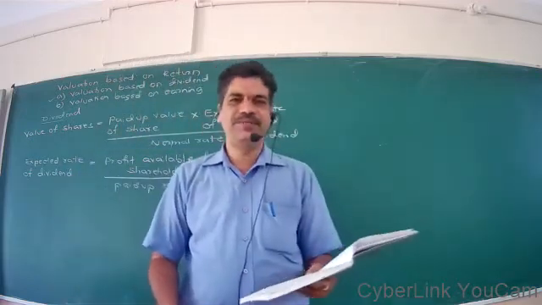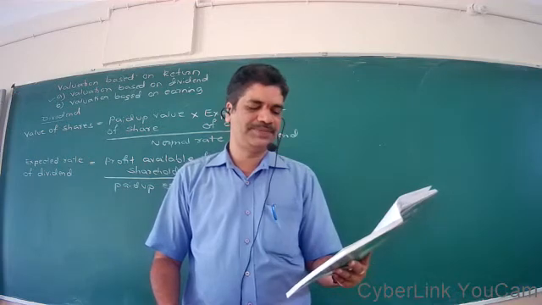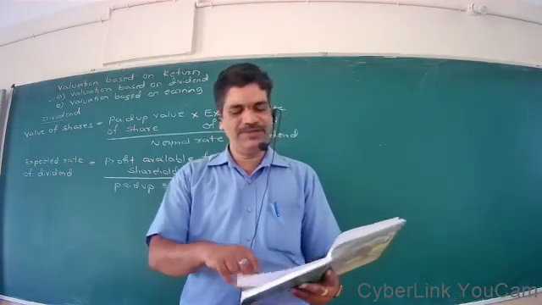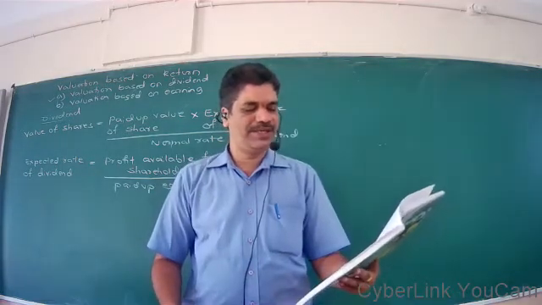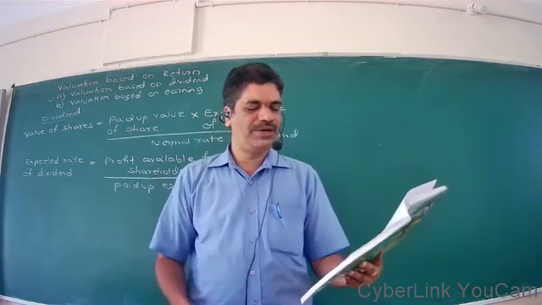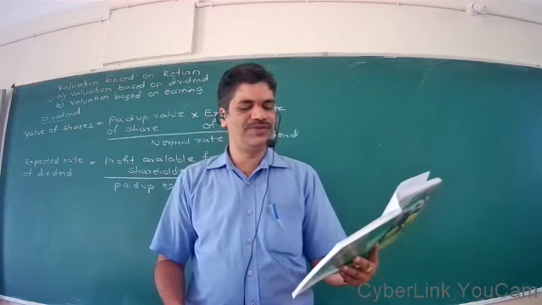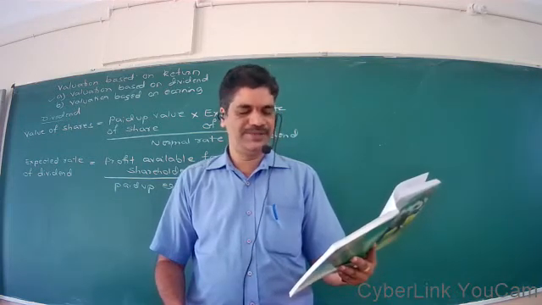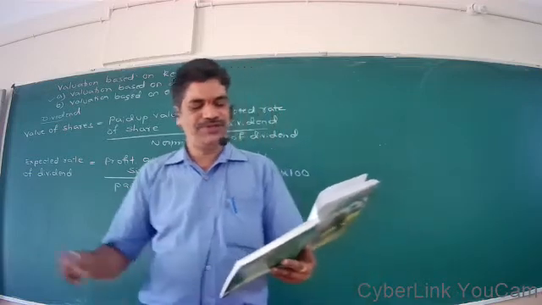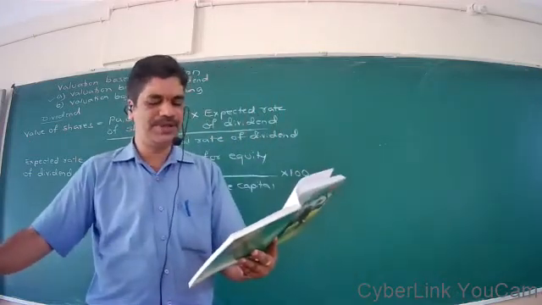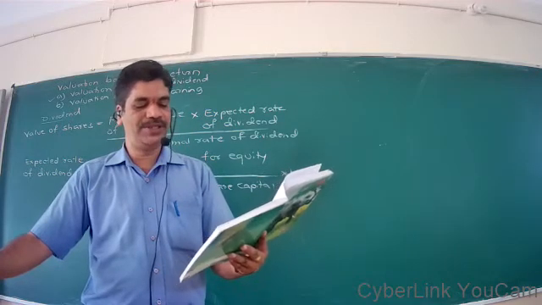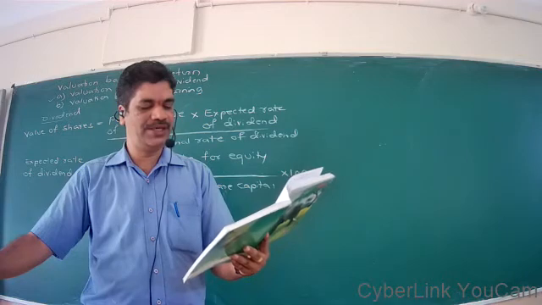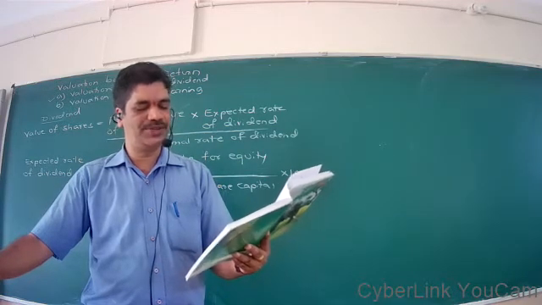Now we'll come to the problem. From the following information relating to ABC Limited, compute the yield value of an equity share on the basis of the dividend yield method. First, the paid up share capital of the company consists of 2000 15% preference shares of rupees 100 each and 40,000 equity shares of rupees 10 each.